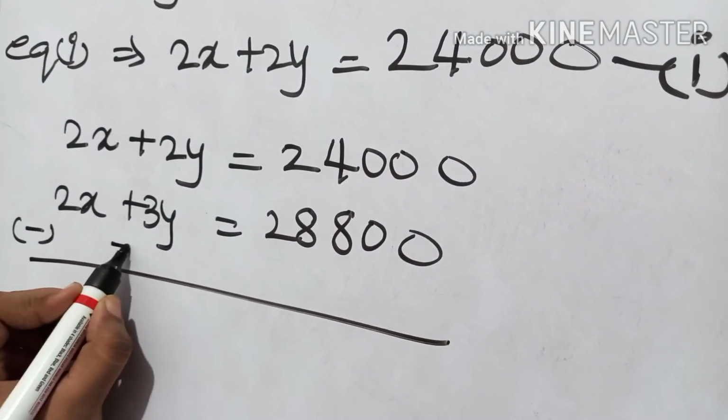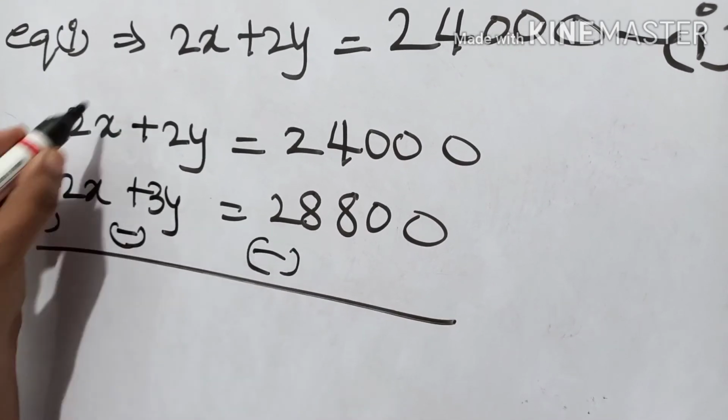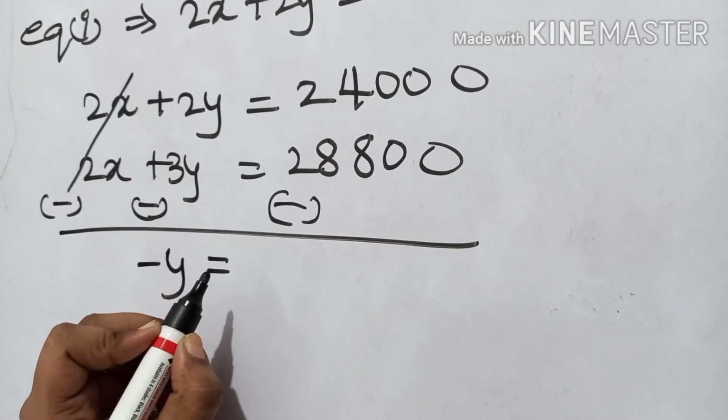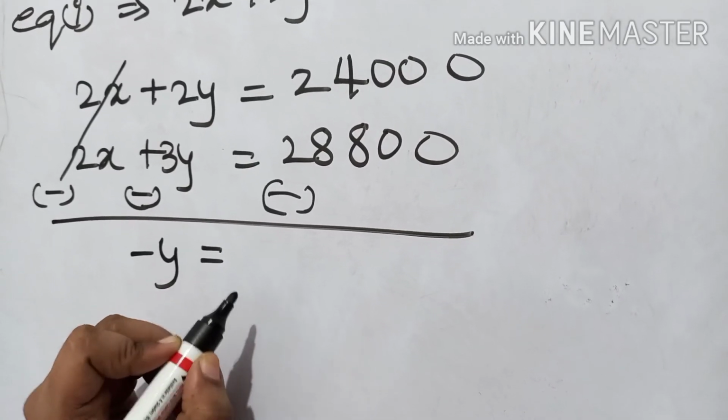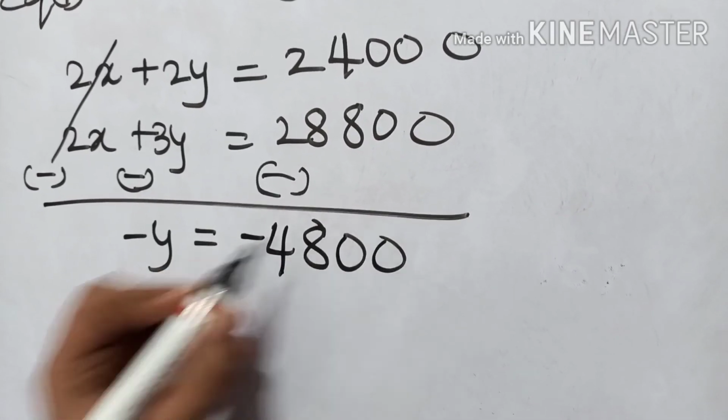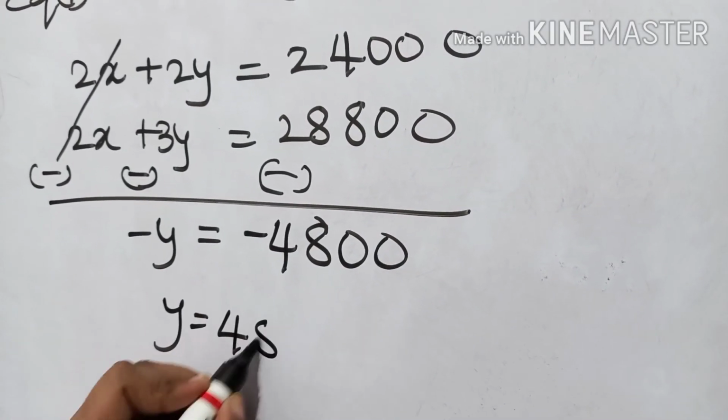Now applying opposite signs, 2 minus 3y is minus y. 24,000 minus 28,800 gives minus 4,800. Therefore, y is equal to 4,800.